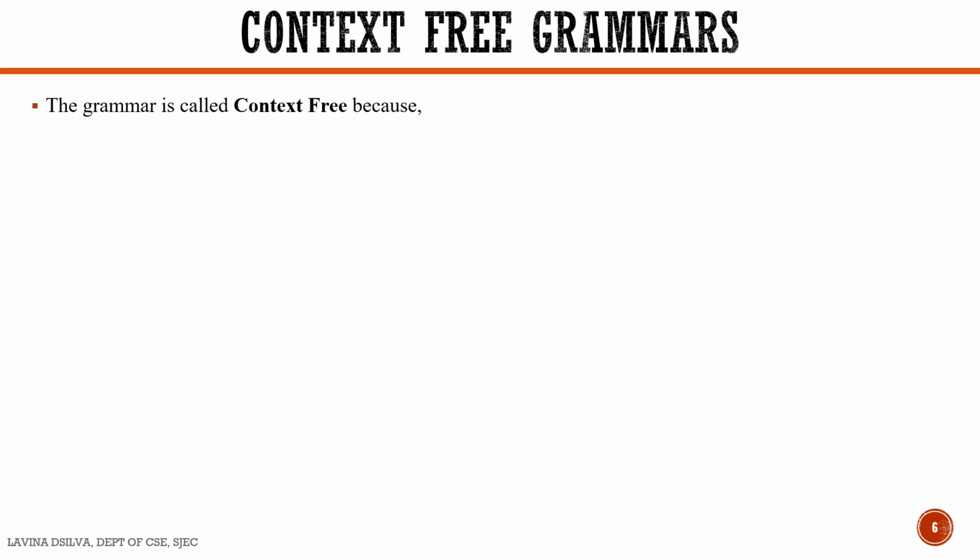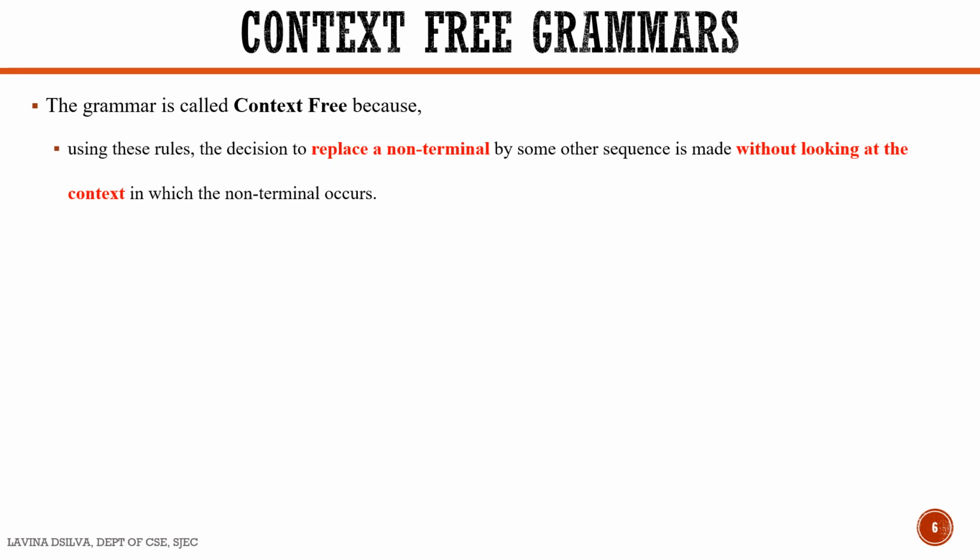A grammar is called context-free because using these rules, the decision to replace a non-terminal by some other sequence is made without looking at the context in which the non-terminal occurs. We'll take an example to understand this concept.